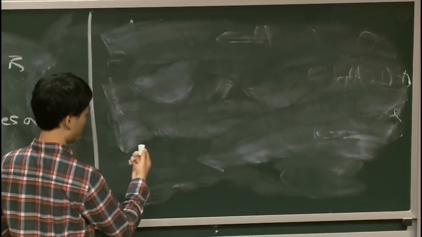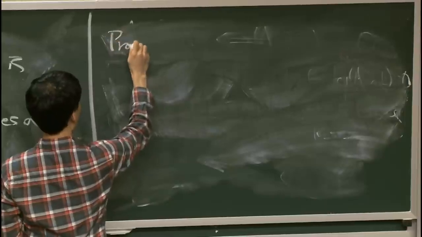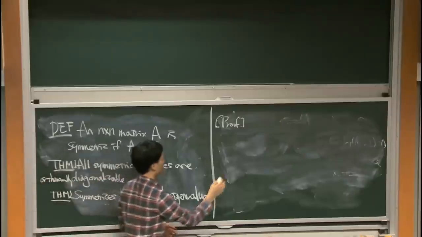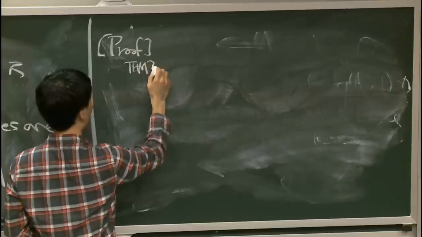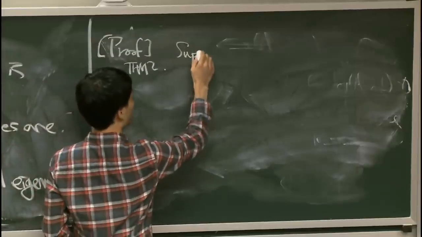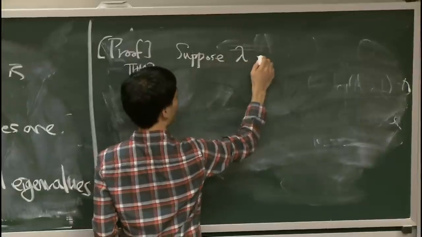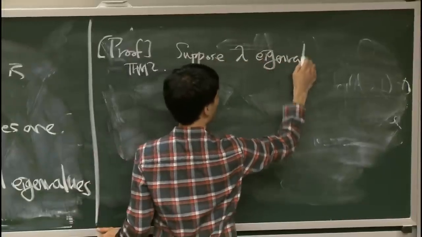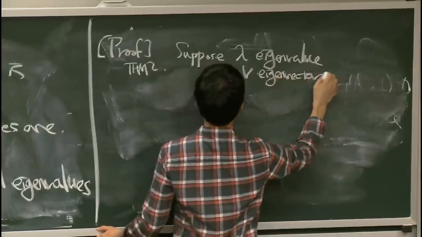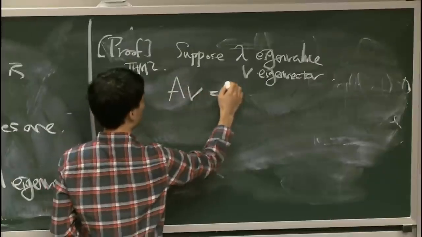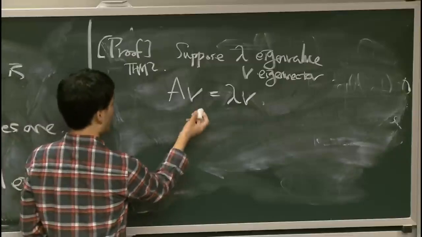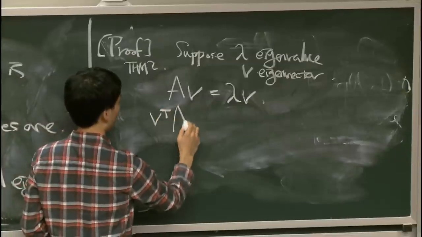Proof of theorem 2. Suppose lambda is an eigenvalue with eigenvector v. Then, by definition, we have this. Now multiply by v transpose on both sides.